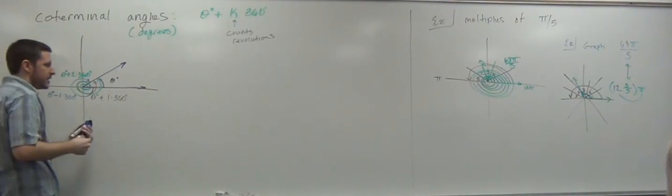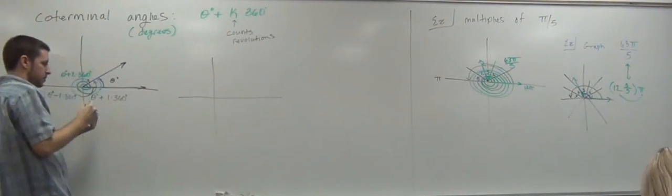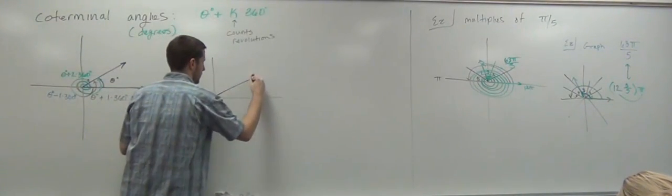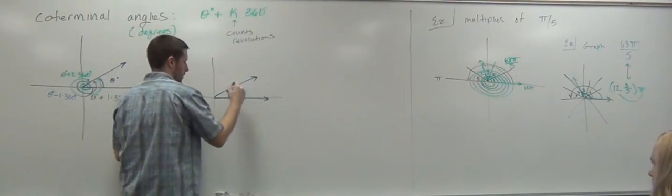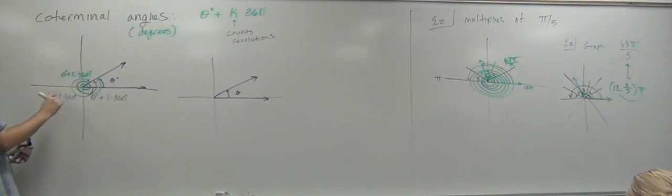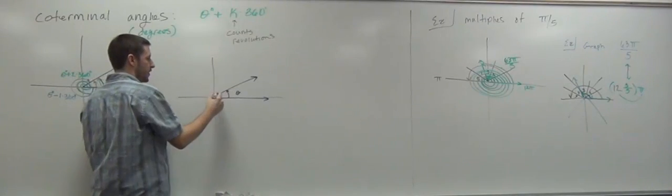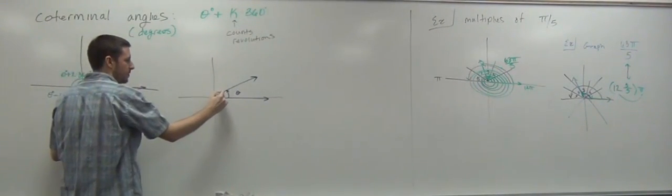Because actually what happened here, let me draw another picture so I don't mess this one up too much. This was my theta. The way theta minus 1 times 360 works is it goes theta first, and then it minuses a full revolution.